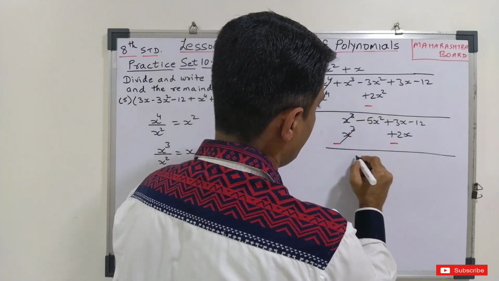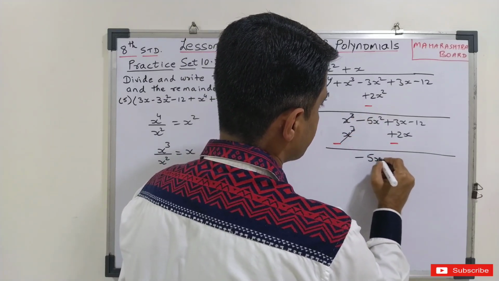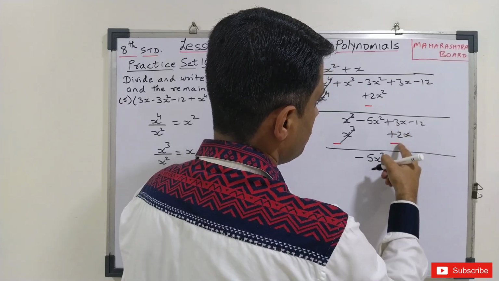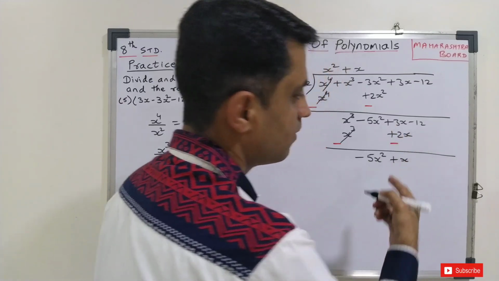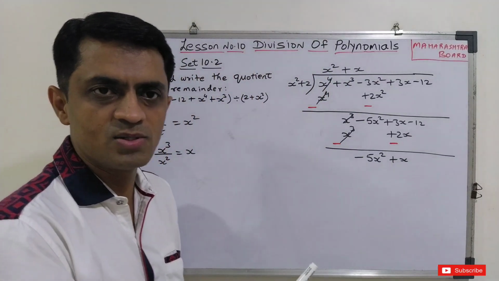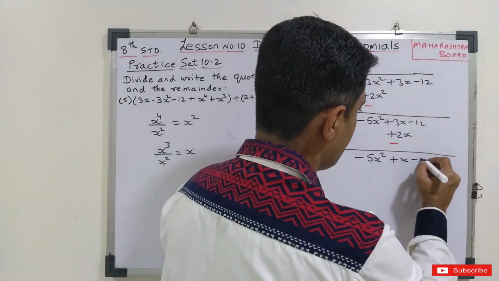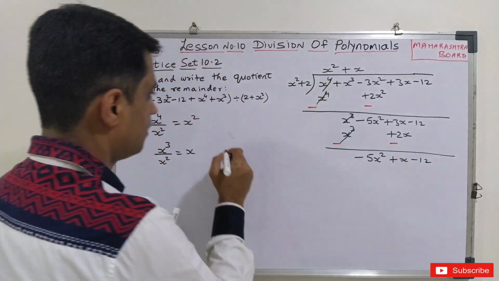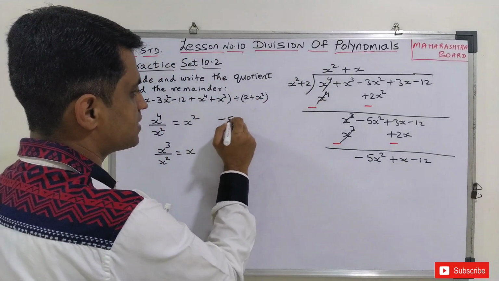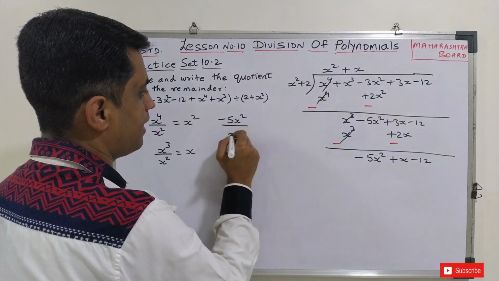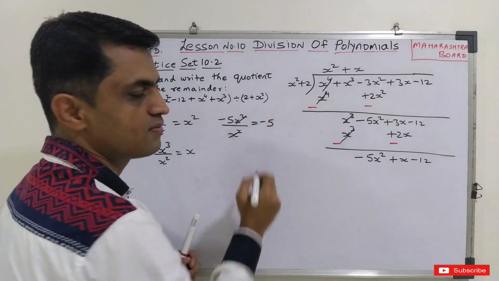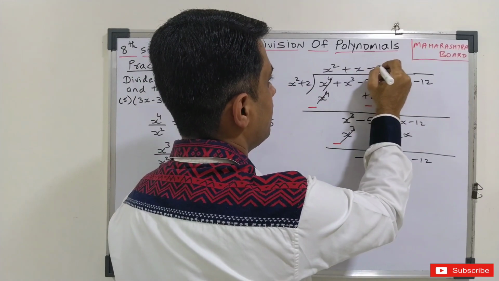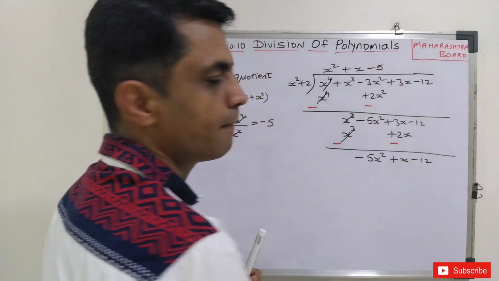So what will be left here? Minus 5x square. 3 minus 2 is 1x, so we write plus x. 1x or x means the same. Minus 12. Now divide here minus 5x square upon x square. x square gets cancelled. Minus 5. So we will write here minus 5.